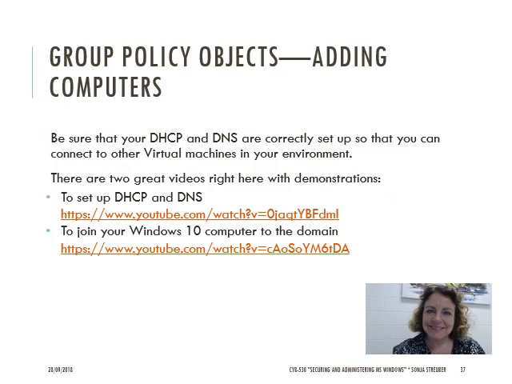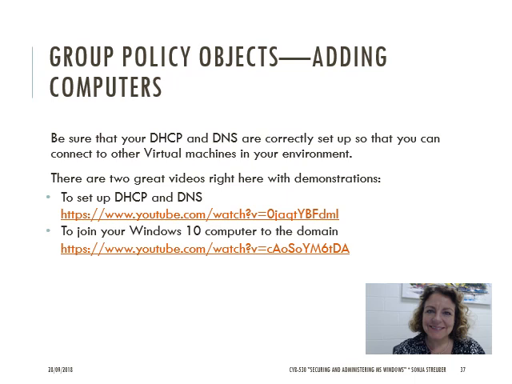Creating OUs with groups and with users is basically the same process that you will use in order to add computers to your group policy objects. For that, you want to make sure the computers exist, and for that, you want to be sure that your DHCP and DNS are correctly configured so that you can connect to other virtual machines in your environment.